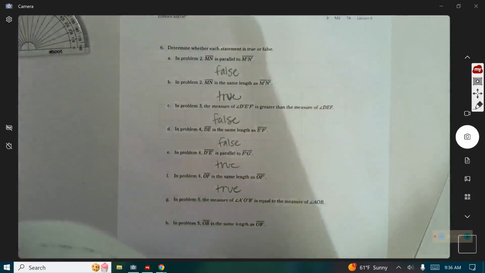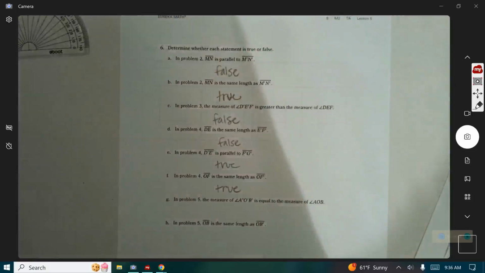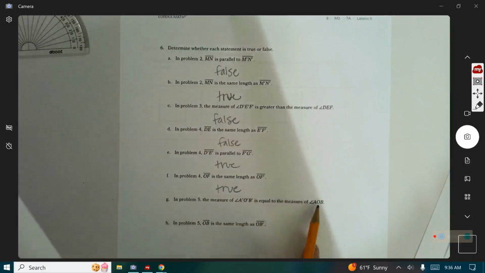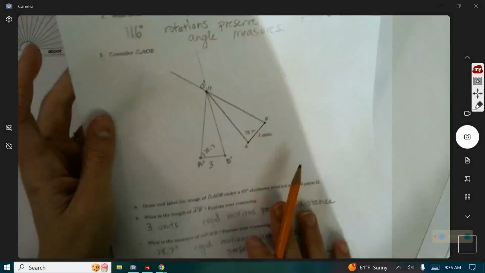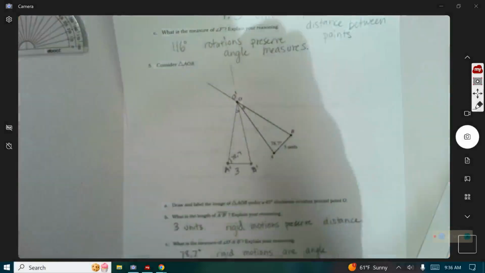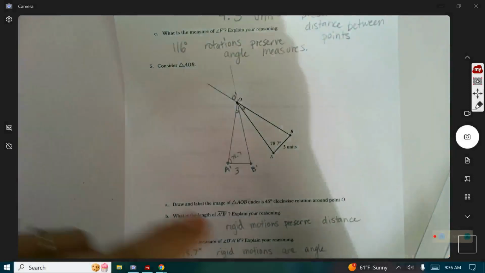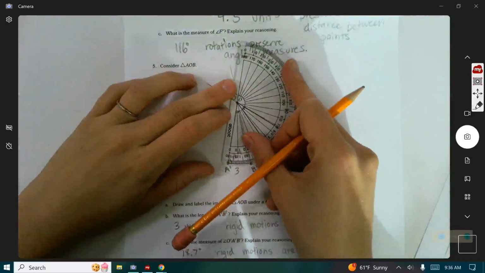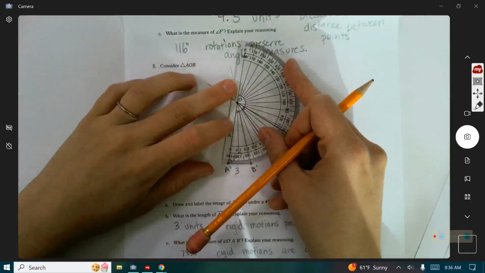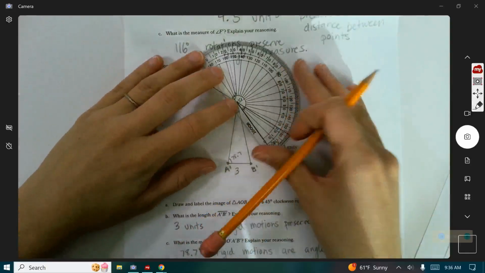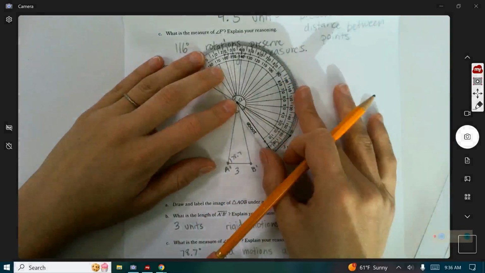In problem 5, the measure of angle A prime O prime B prime is equal to AOB. We're talking about this angle here. Are those the same? This one appears to be about 20. And this one appears to be about 20 as well.